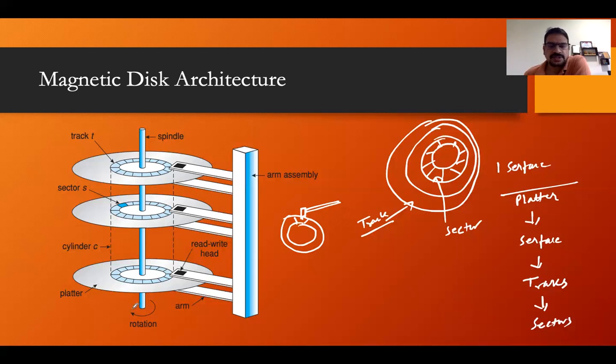Now the rotation is happening here. It is showing the clockwise rotation. The read-write head can move in one direction, right? This is the direction of the movement. So either it will go here or it will go here, and the disk is moving through the spindle.